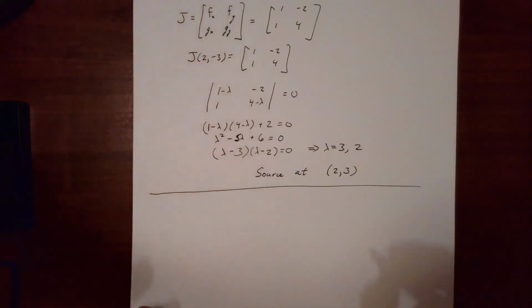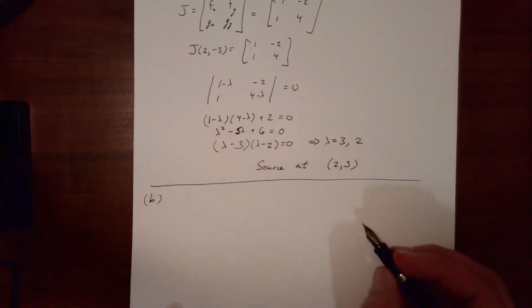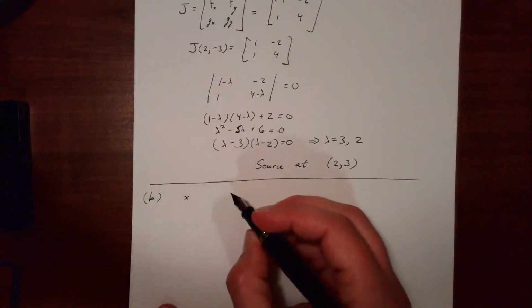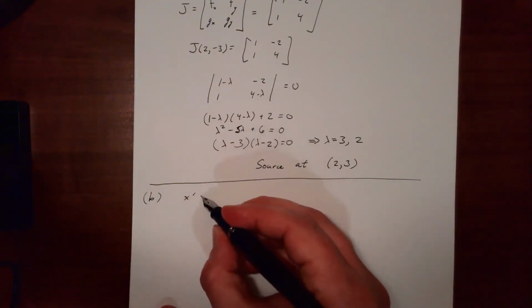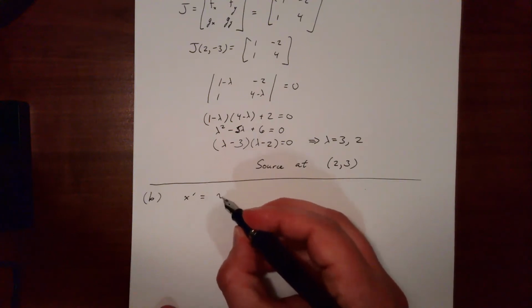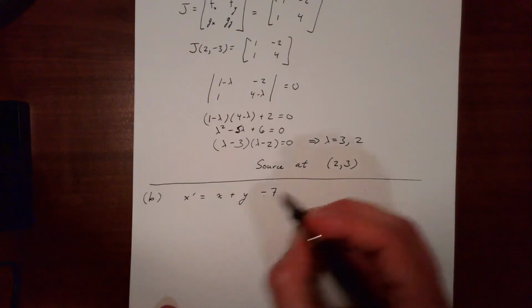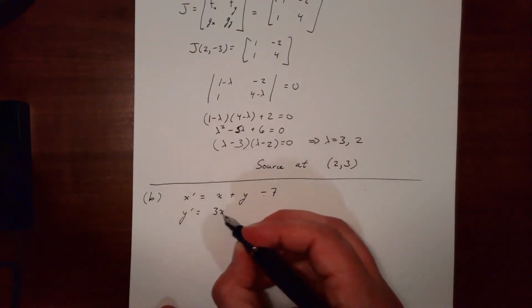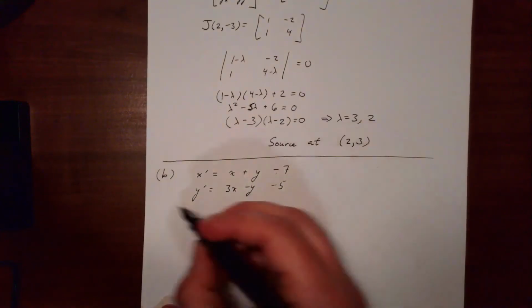Now let's look at example B, which is also almost linear, and so we should expect it to go down a very similar line. So example B, we had x prime equals x plus y minus 7. Y prime is equal to 3x minus y minus 5.